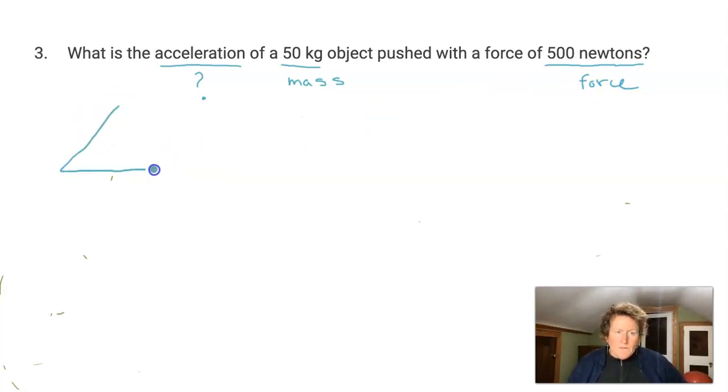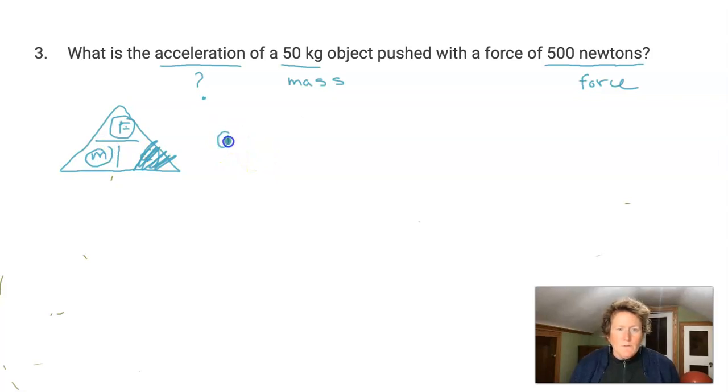We know that force equals mass times acceleration, so force at the top, and mass and acceleration below. If we need to rearrange this equation to solve for acceleration, we can scribble out acceleration, and that helps us know that we need to divide the force by the mass in order to get acceleration.